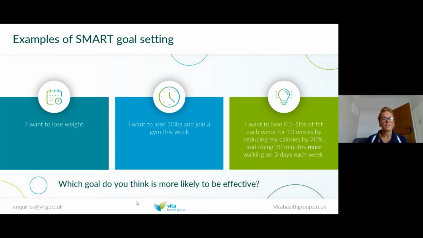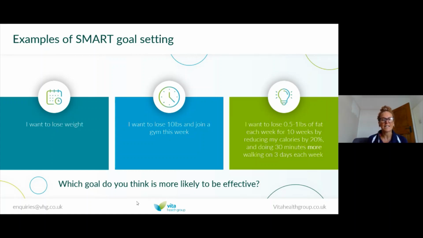So which goal do we think is more effective, or more SMART? Would we say goal 1 is a little bit vague? Yeah. And then goal 2 is more specific, with a long-term goal of 10 pounds and a short-term goal of joining the gym, but it doesn't go into how the goal will be achieved.